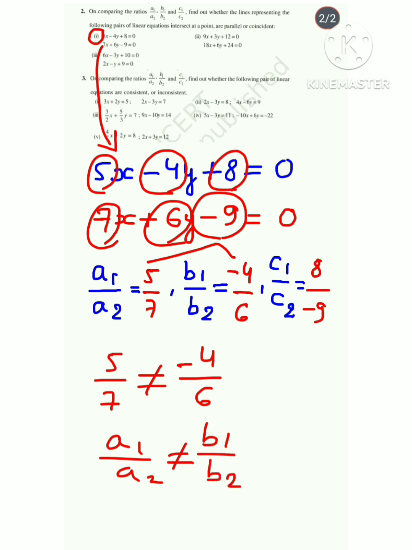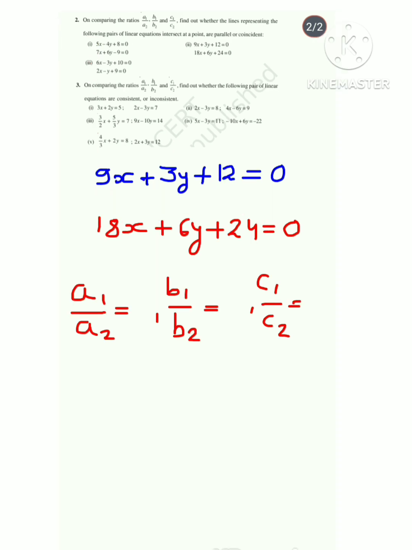Okay, if A1 by A2 is not equal to B1 by B2, then the lines intersect at a point. So simply we can write over here, the lines are intersecting. Our question number 2.